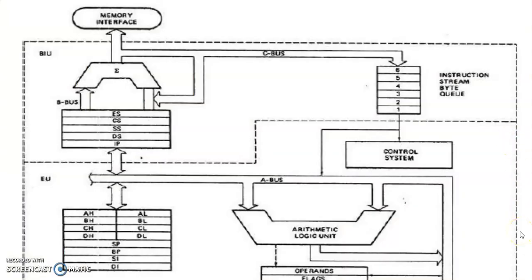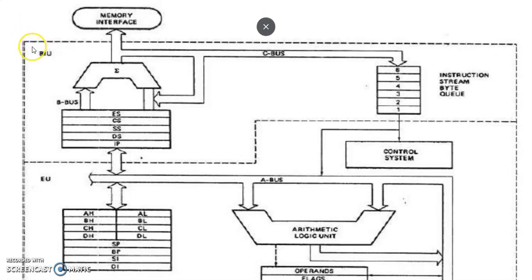Now this is the basic architecture of 8086. If you can see, this 8086 is divided into two parts. It is separated by a dotted line. The upper part is called the bus interface unit and the lower part is called the execution unit. The names given to these units are very relevant to the work they do.